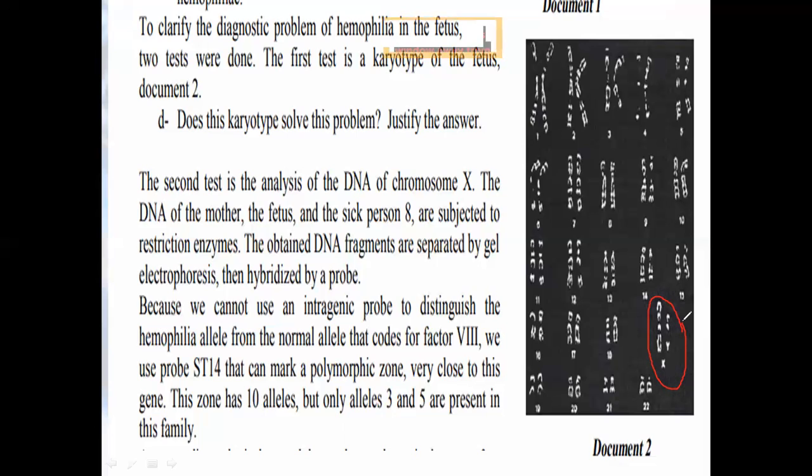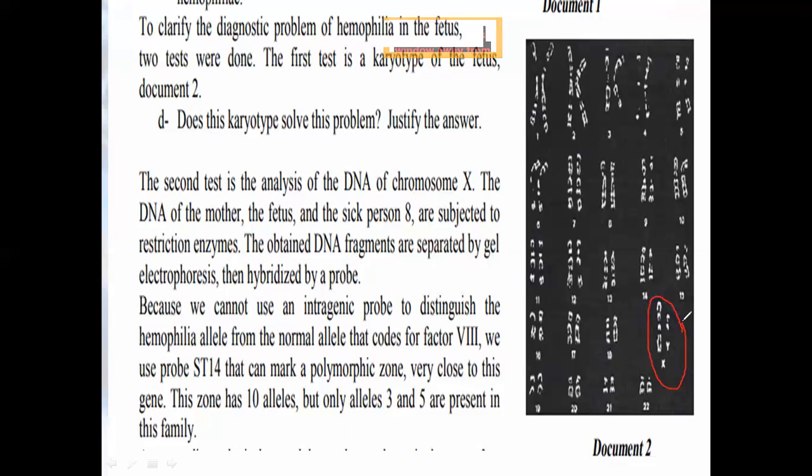The second test is the analysis of the DNA of the chromosome X. The DNA of the mother, the fetus, and the sick person 8 are subjected to restriction enzymes. The obtained DNA fragments are separated by gel electrophoresis and hybridized by a probe.